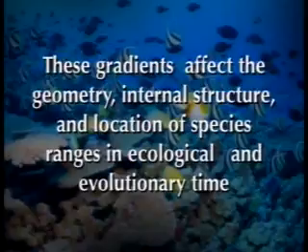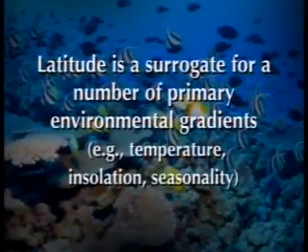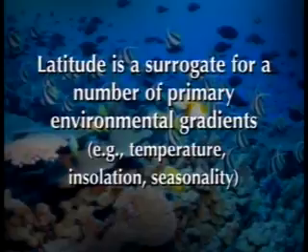In fact, latitude in itself is a surrogate for a number of primary environmental variables or gradients, for example, temperature, insolation, seasonality, and so on, which interact and are correlated with each other in many ways, making the direct tests of hypotheses at times difficult.